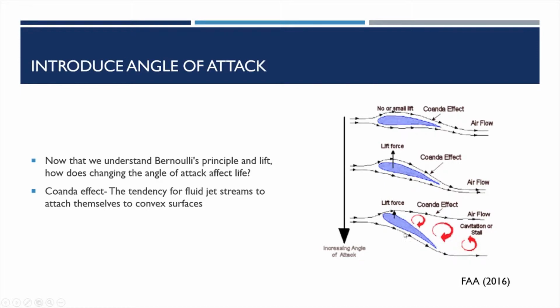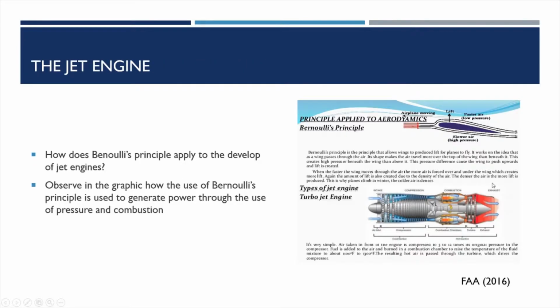And then here, as we have a high angle of attack, almost 45 degrees, we see the Coanda effect taking hold even more, with an area of extremely high pressure and an area of very low pressure forming. Without significant thrust to push the aircraft forward, you can generate a stall, which is pockets of low pressure formed by the Coanda effect, stalling the aircraft out. So we see here, as we increase angle of attack, the different forces acting upon Bernoulli's principle over the wing and how that affects the aircraft.